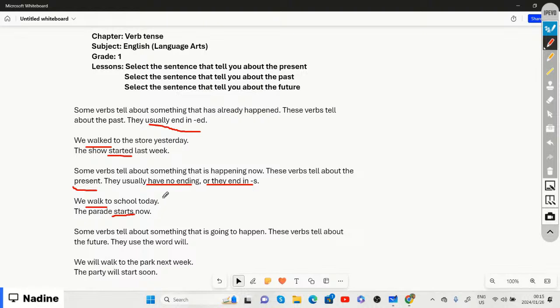But if it shows one person or one thing doing an action, then the verb ends with an s. For example, the parade starts now. It's one event, which is the parade, and it says it starts now.